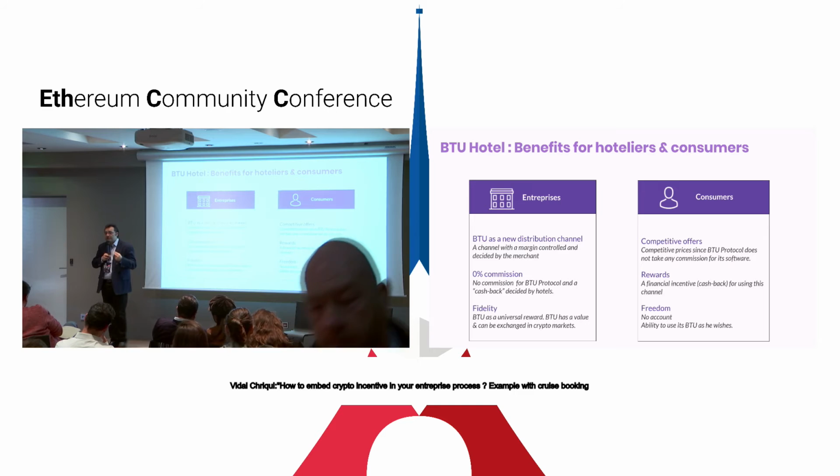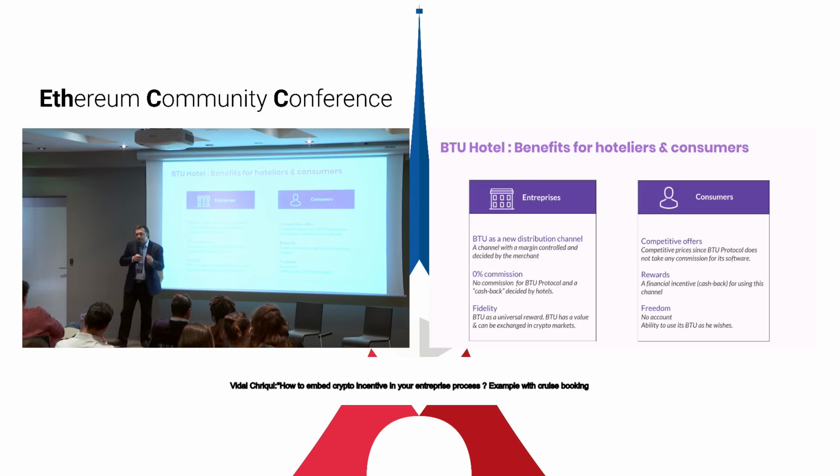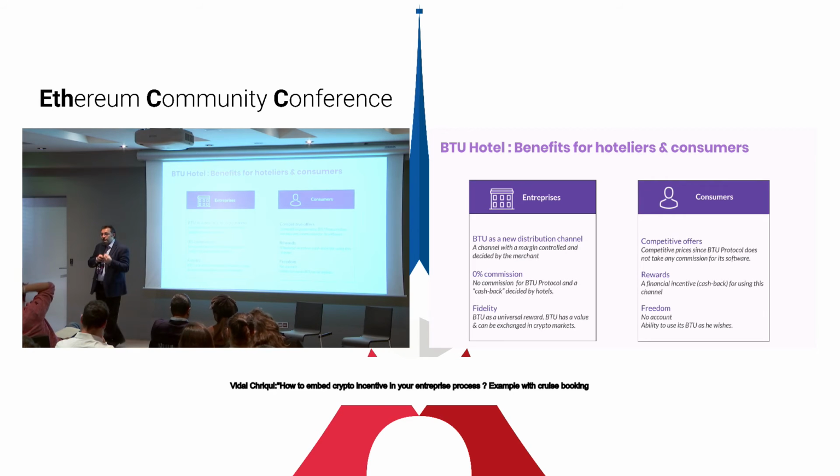That's very important because in most distribution channels for hotels or for many other industries, the margin is decided by the broker. The broker decides, okay, I'm the one who's bringing the customer, I'm taking 25% here. Here, the commission of the distribution channel is decided by the hotel. We take 0% commission, so that's very important.